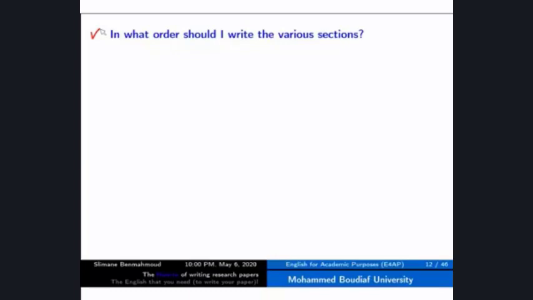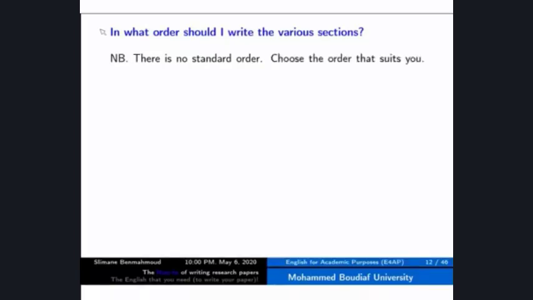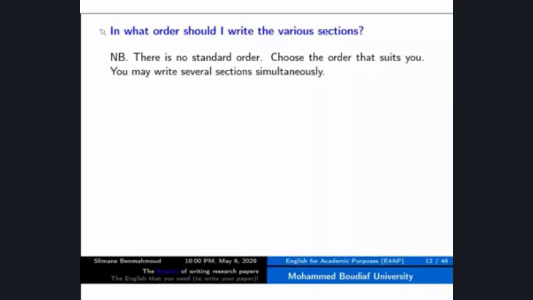Well, the relevant answer here is that there is no standard order. You can choose the order that is relevant to you, right? You can start from a given section, you can go directly to the abstract or start with the introduction. You can also do simultaneous work. It means that you can write several sections simultaneously, in parallel.